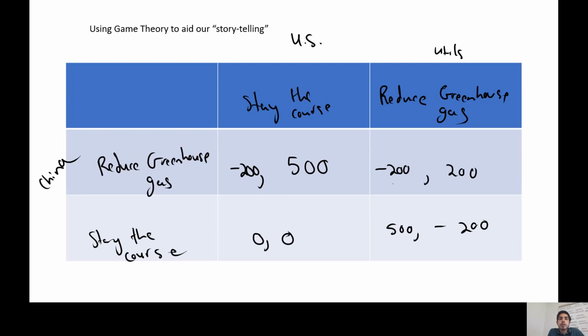Okay, and so this is a classic prisoner's dilemma, and we said that with the prisoner's dilemma, it's a special type of 2x2 game that we can use to think about the inherent instability in oligopolistic markets. But in this case, we're going to apply it to climate change, right? So we have two countries, the US and China.